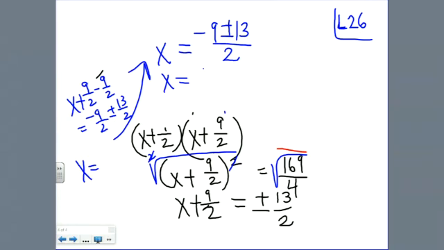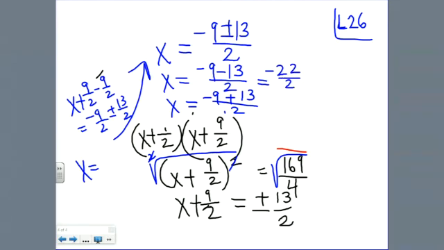So one answer is -9 minus 13 over 2. And the second answer is -9 plus 13 over 2. Our first answer, when we simplify, will have -22 over 2, which is -11.